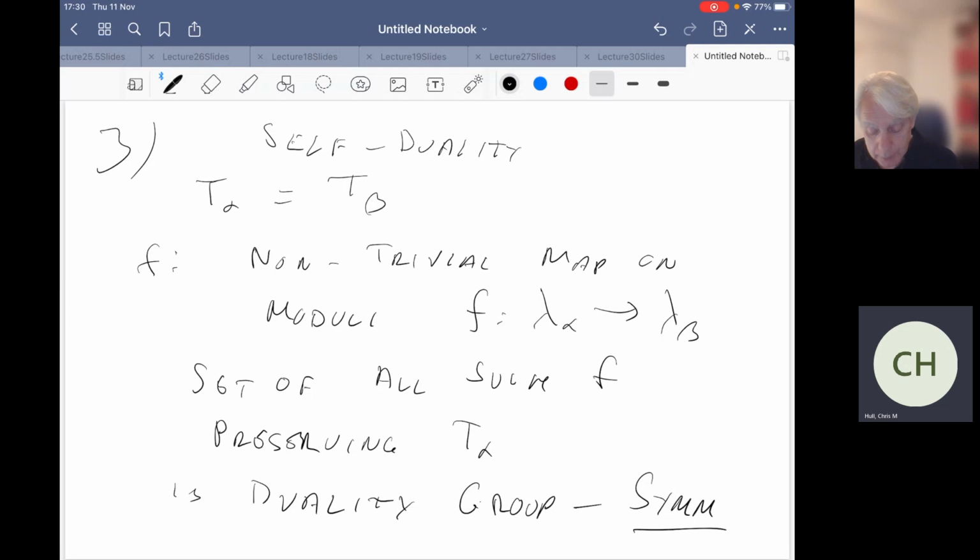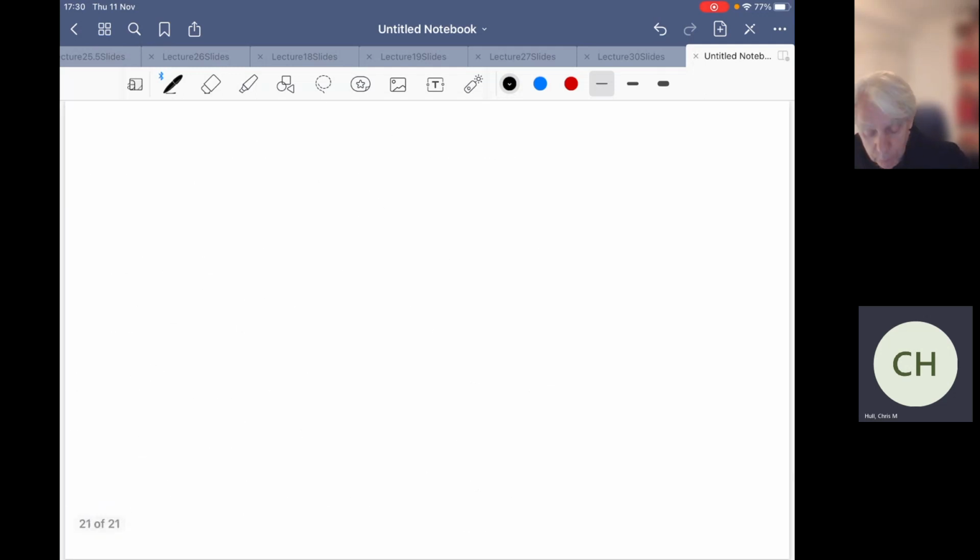So the question then is, how does one show that these really are symmetries, that there really are these duality maps, and the two theories define the same physics?